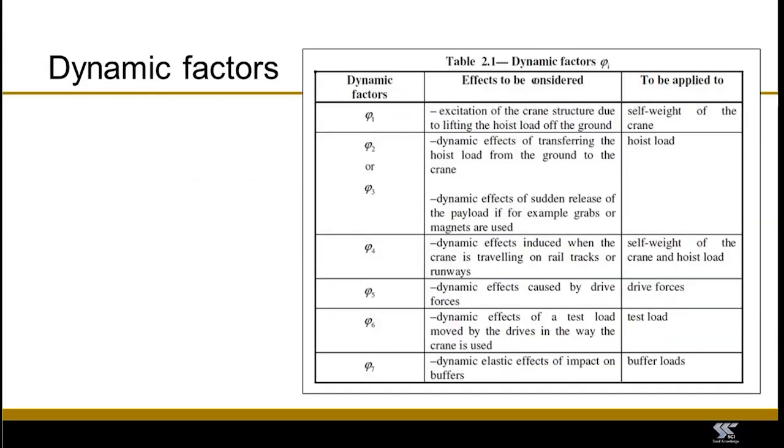It is complicated. There's lots of different actions in a crane: sideways, longitudinally, vertically, due to lots of different things. There is always a dynamic amplifier. On this table, we've got different dynamic factors which are applied to different load arrangements over on the right-hand side.